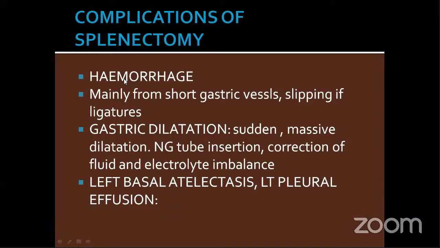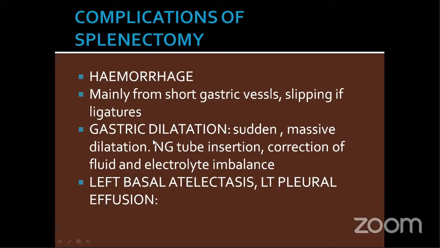The other complications are hemorrhage, usually from the short gastric vessels, slipping of ligatures, because you might be doing it in a hurry, and the short gastric vessel pedicle is the most common one to give way. And acute gastric dilatation, the third most common complication. For some unknown reason, the stomach suddenly gets dilated, and it can even extend up to the lower abdomen.